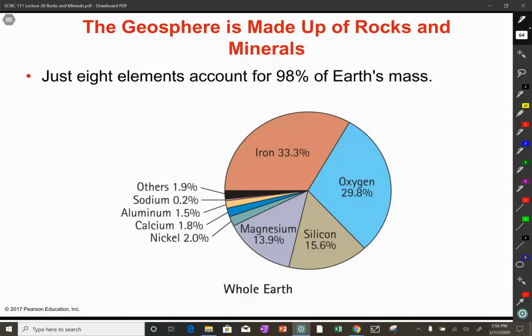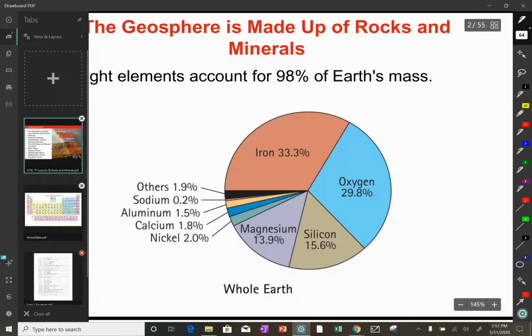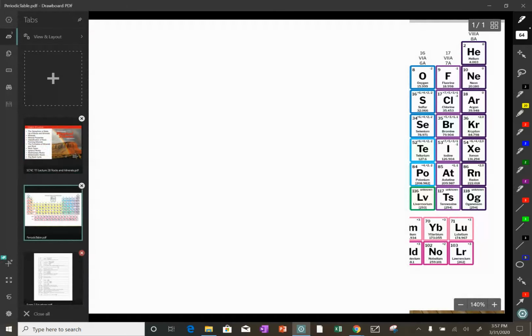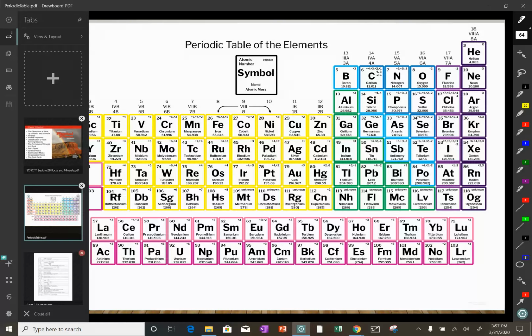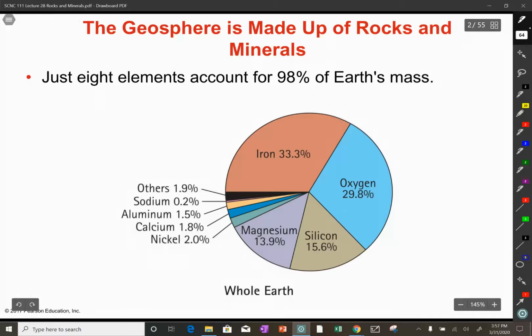But of all of those elements in the periodic table, and by the way, here is the periodic table as you'll see it on the test, or you may have already seen it by the time you view this. Of all the elements on the periodic table, 98% of the Earth's mass is made up of just 8 elements.